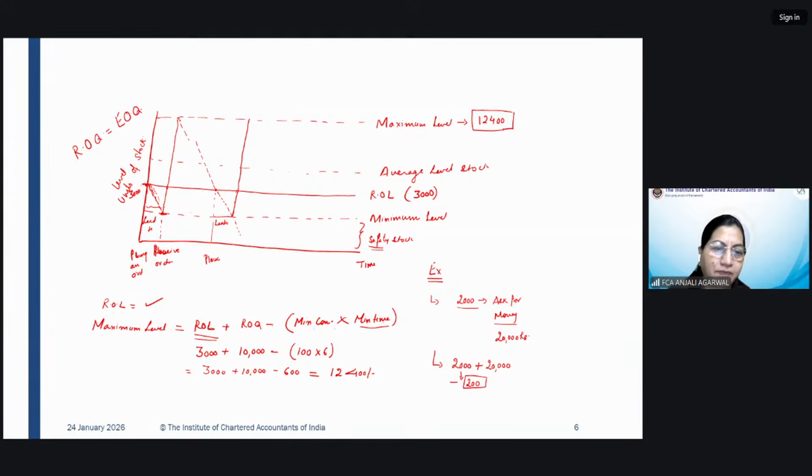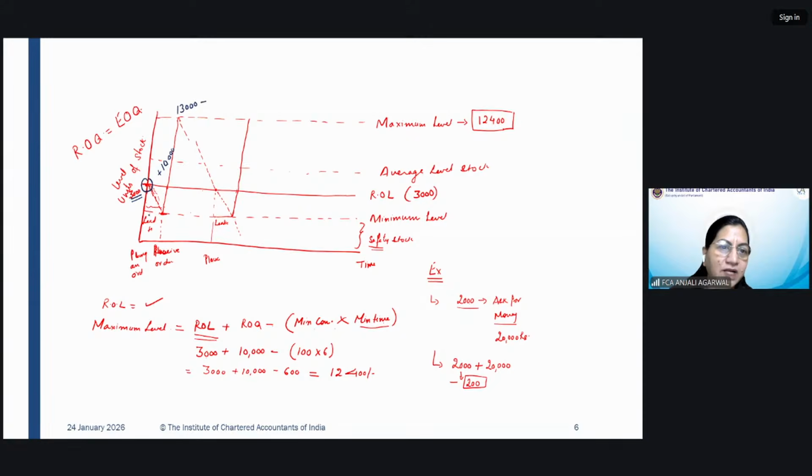So the formula for maximum level is reorder level. At this level, when you place an order, then how many units you order? So at this level, at 3000, you are going to place an order for 10,000 units. So it would have become 3000 plus 10,000, 13,000. But it will not be 13,000. Why?